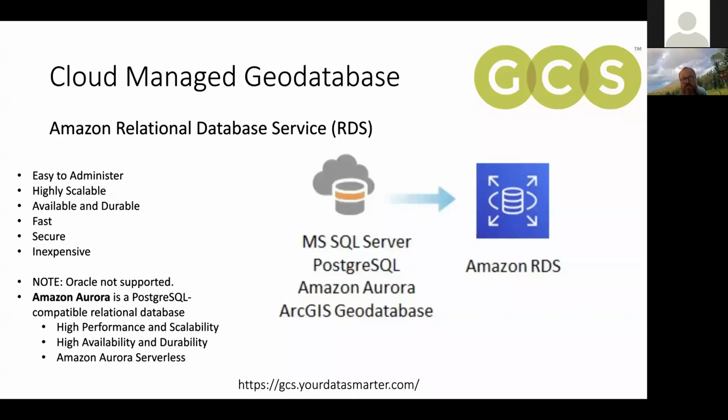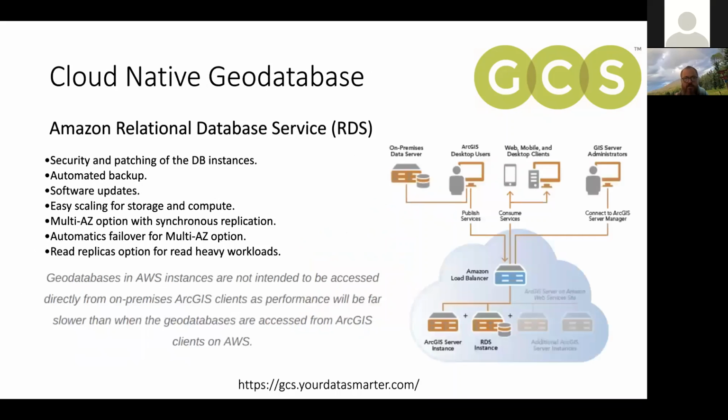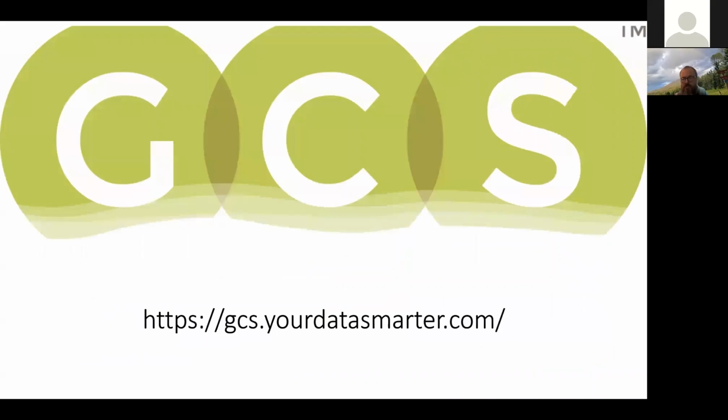The licensing is very cheap, it's highly durable, highly available, and it's a lot cheaper than most other offerings. So that is definitely something to look into, and more and more people are doing this with their enterprise geodatabases. But I think I'm going to stop there and just see if we have questions.